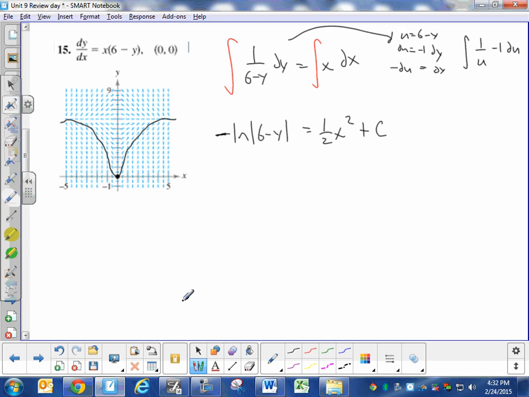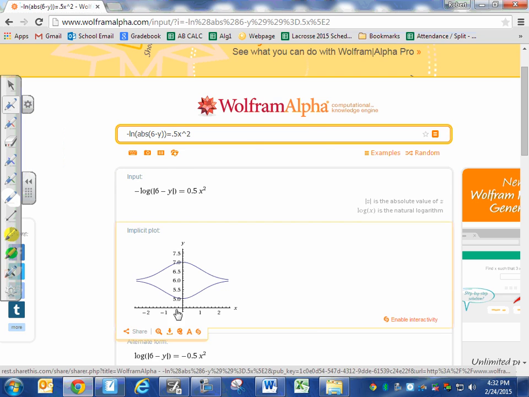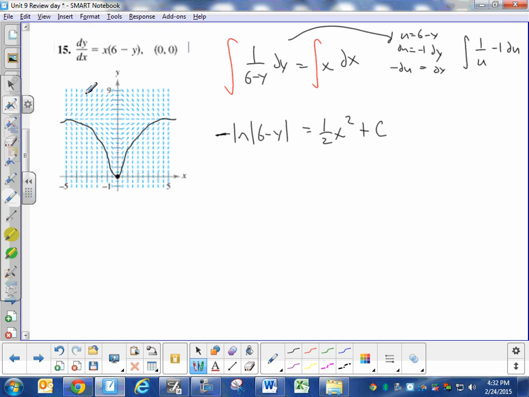Yeah, it looks just like that. We can kind of see that. Maybe I'm just a little too sharp in the points here, but I kind of have that picture, and you can kind of see this picture up here too. So not bad. Let's find the c though, because we need to find that solution.